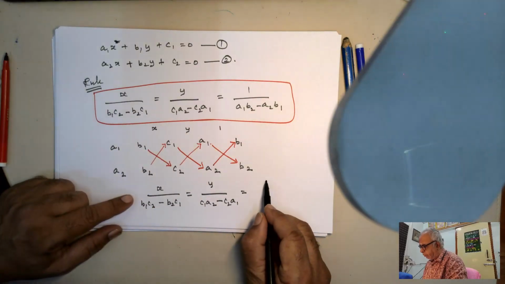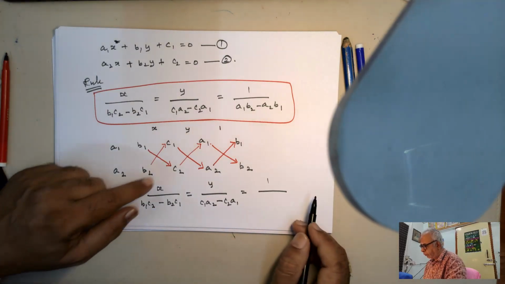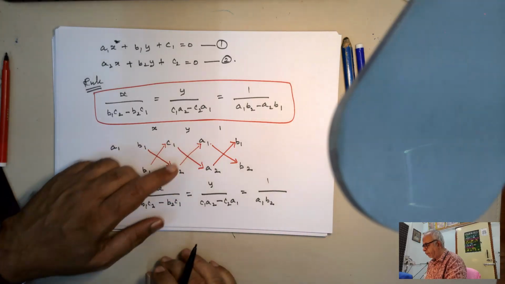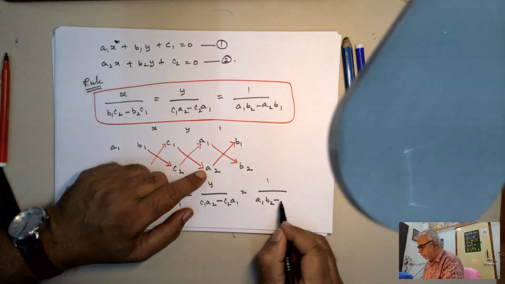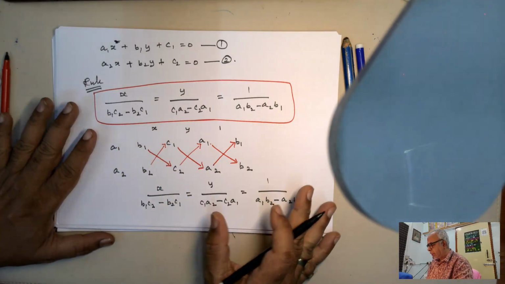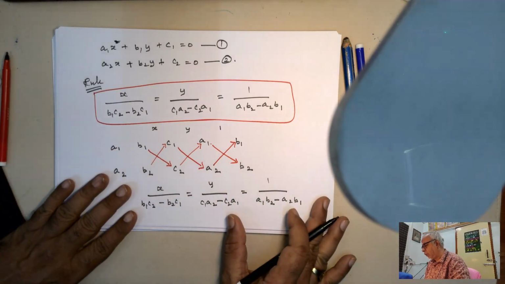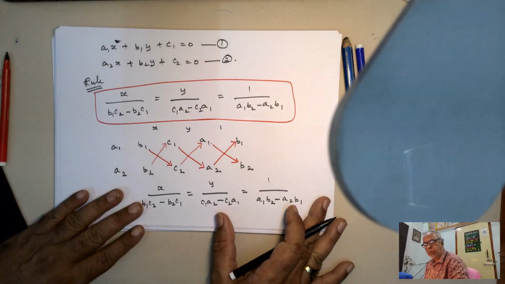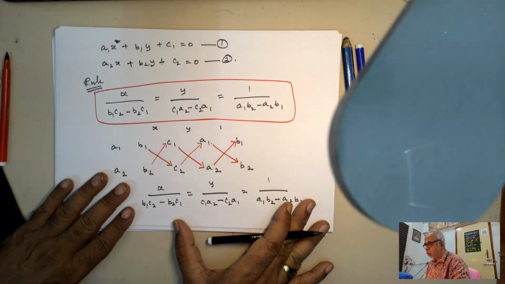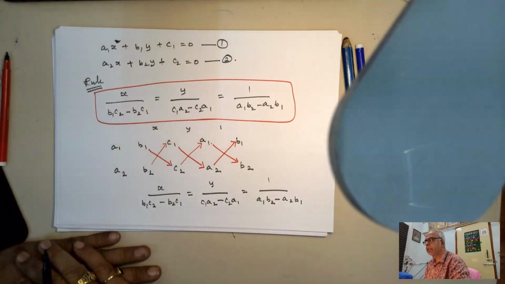That is 1 divided by A1 B2 minus A2 B1. Actually, this strategy is very helpful. This is called the cross multiplication method, and this is one of the methods of solving linear equations. Do you understand?